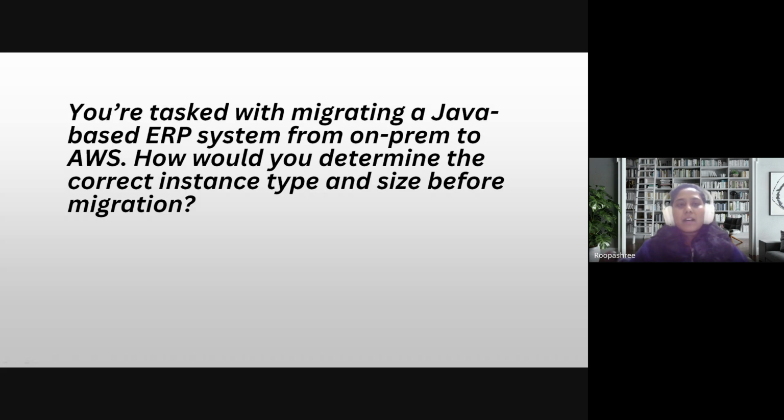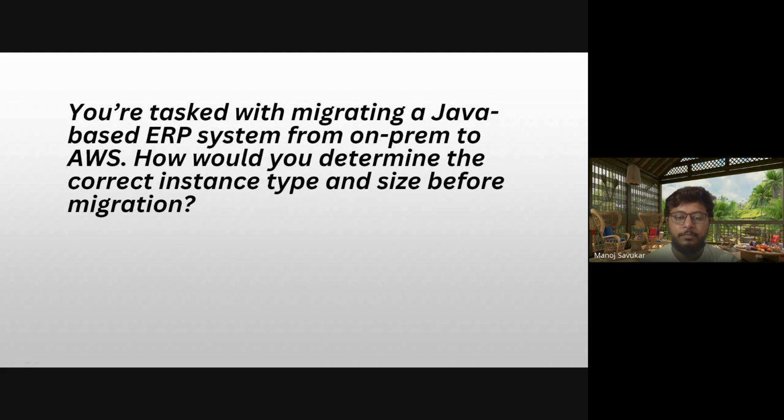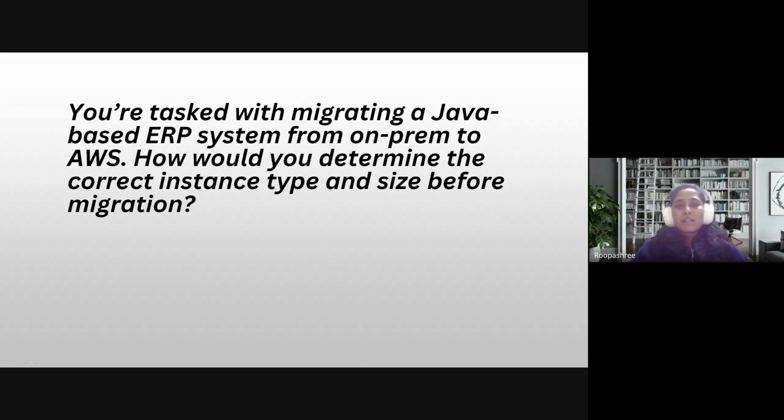Usually ERP applications, for example, like Oracle E-Business Suite, SAP applications, are typically memory optimized and compute balanced. So for ERP, we would usually configure with R family or M family instances, because ERP workloads tend to be more memory heavy.